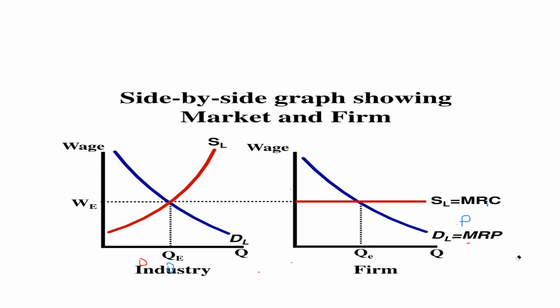No short or long run here, just that, okay? Again, MRP equals MP times P. So any change in the marginal productivity, any change in the price of the product is going to shift the demand curve. The supply curve here is really going to get shifted by the industry because you're a wage taker.